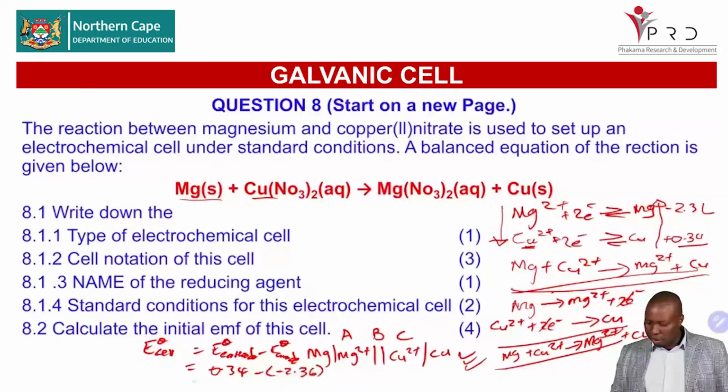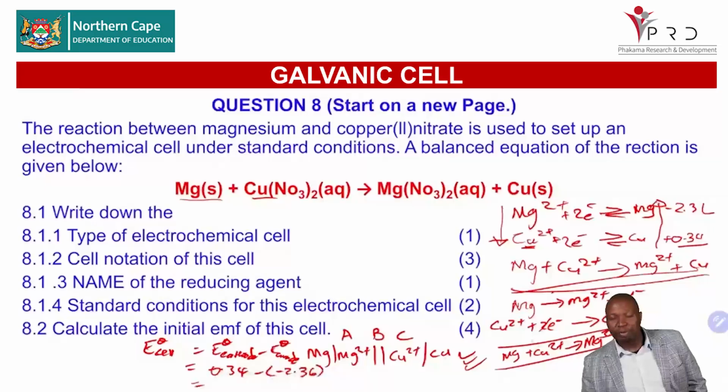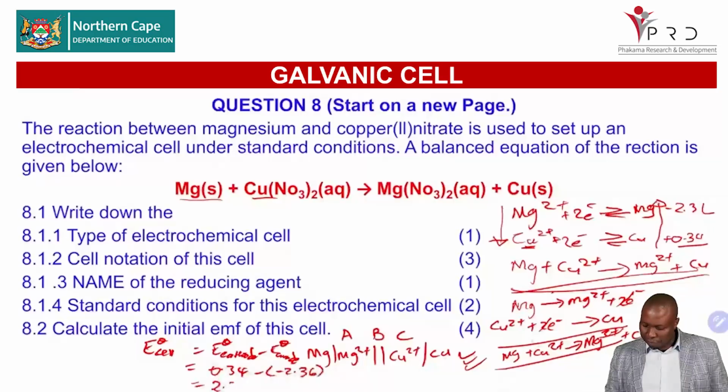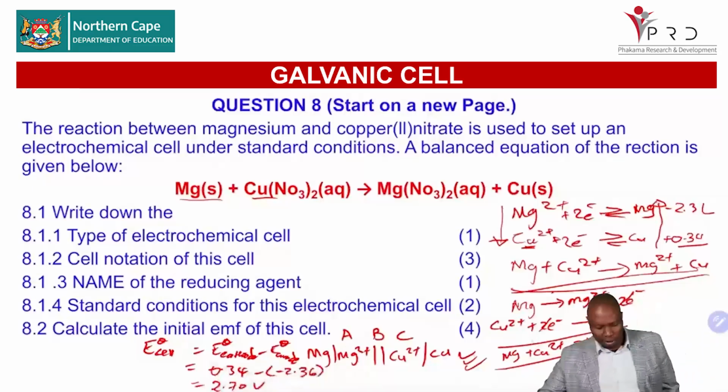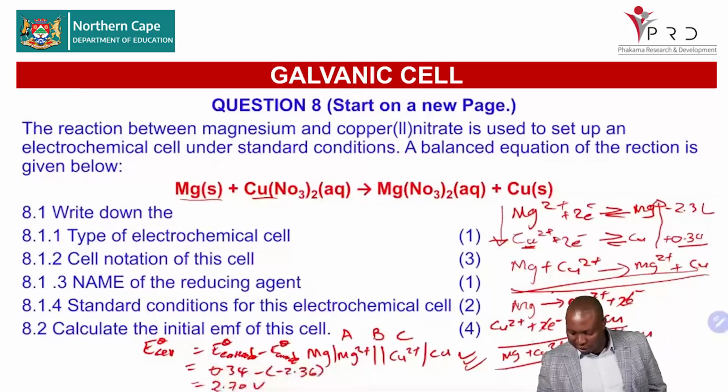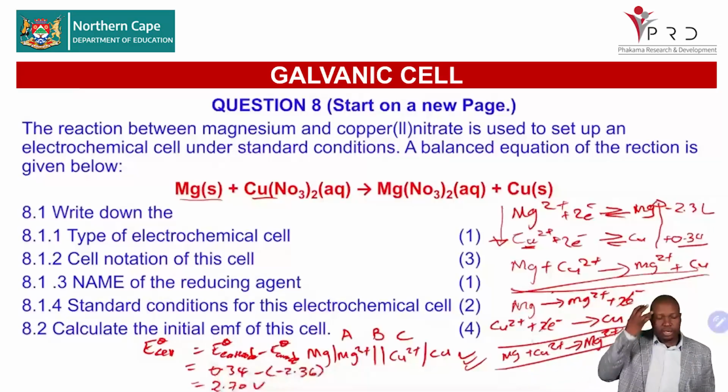And then you just do your signs. I think you will get 34 plus that is 70. You'll get 2,70 volts. You can confirm that with the calculator: 0,34 plus 2,36 is definitely 2,7 volts that you get.